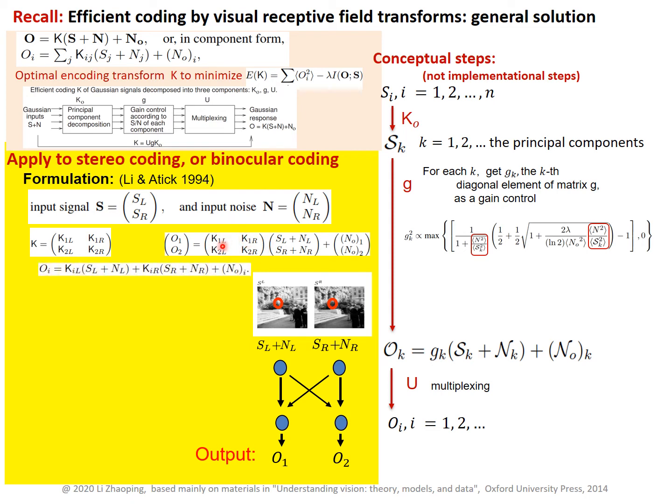So for each neuron i equal to 1 or 2, say i equal to 1, it receives input from both the left eye source and the right eye source. The weights from each source can be described by K1L from the left eye source, describing this effective neural connection from the retina to the cortical neuron, and K1R, the weight from the right eye source.